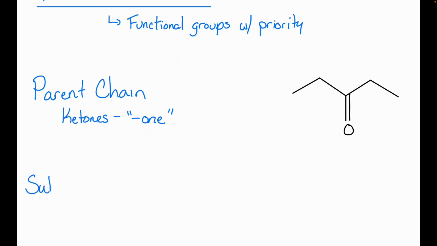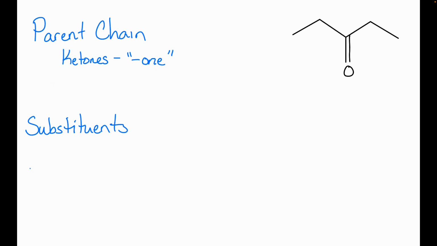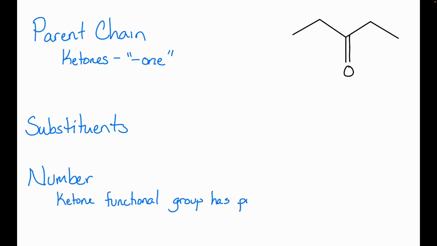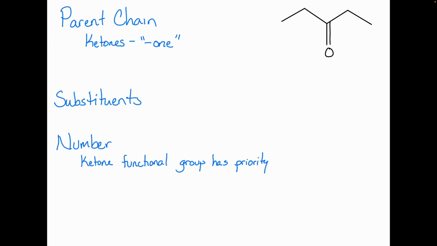The next step is to find the substituents. There's nothing special there. The next thing we're going to do is number our parent chain. And again, that ketone functional group has priority. And then I'm just going to put the name together, and there's nothing really special about that. Assemble that name.